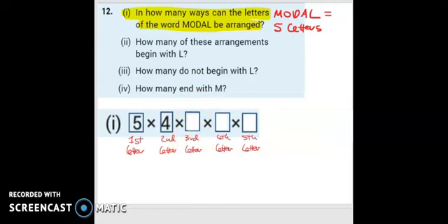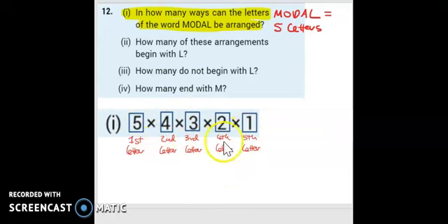And in the same way, for the fourth letter, we have 5 take away 3, which is 2 letters left. And once we have chosen our fourth letter, we've chosen 4 letters altogether, and 5 take away 4 leaves us with 1 letter to choose from for the last letter.